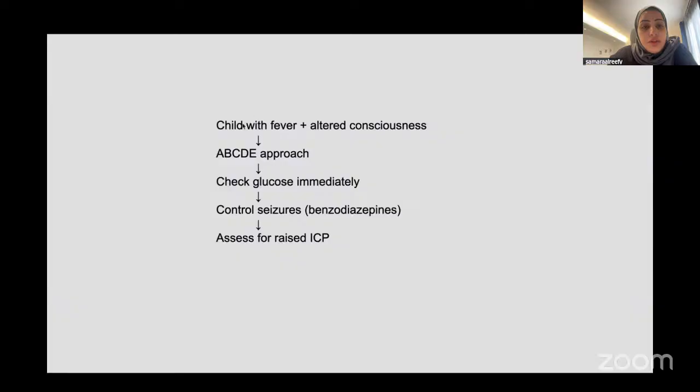So any child with fever plus altered consciousness, do the ABCD, so your airway, breathing, circulation, disability and exposure approach. Then check glucose, control your seizures, assess for raised intracranial pressure.